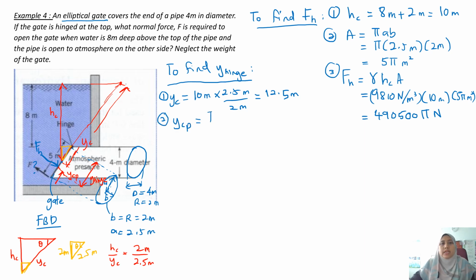So basically, YCP is IXC divided by YCA. So IXC, if you look at our slide that I provided, there is a correction because the given formula is A power of 4 times B divided by 4. However, this formula is wrong because at the end you should get meter power of 4.